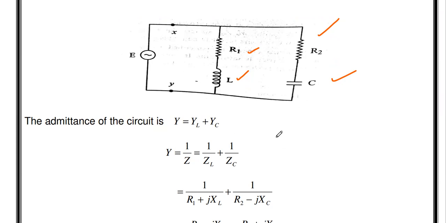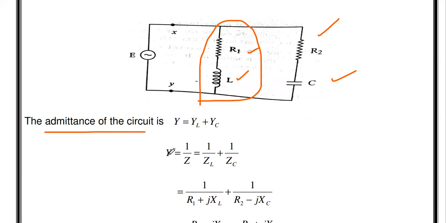In order to derive the resonant frequency, first we have to find the admittance. Instead of calculating impedance for a parallel branch, calculating admittance is easier. So the total admittance is equal to the admittance of the first branch plus the admittance of the second branch, YL plus YC.